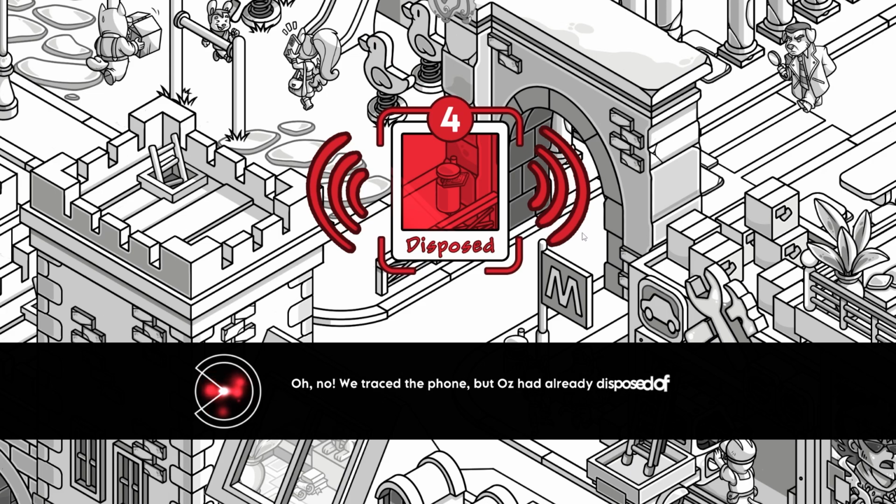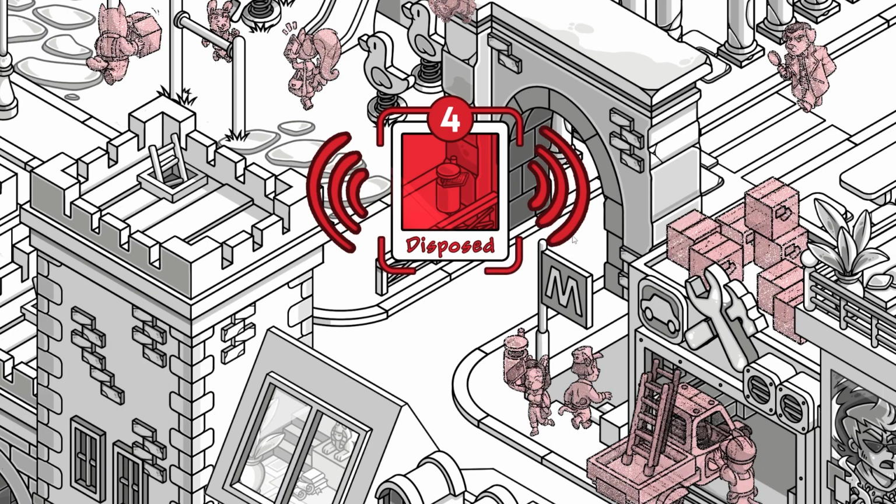Oh no, we traced the phone, but Oz had already disposed of it. We have to go back in time to when the phone was still in his hand.